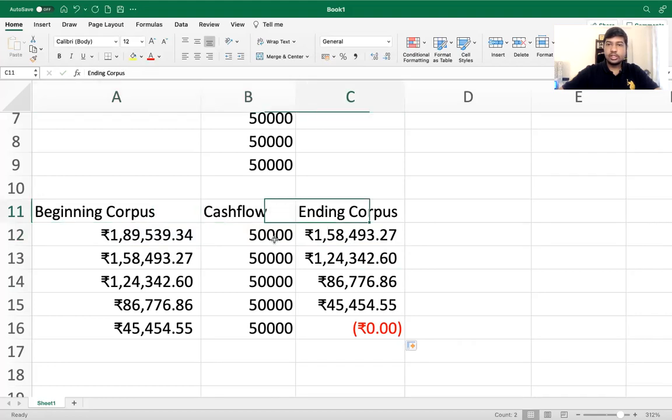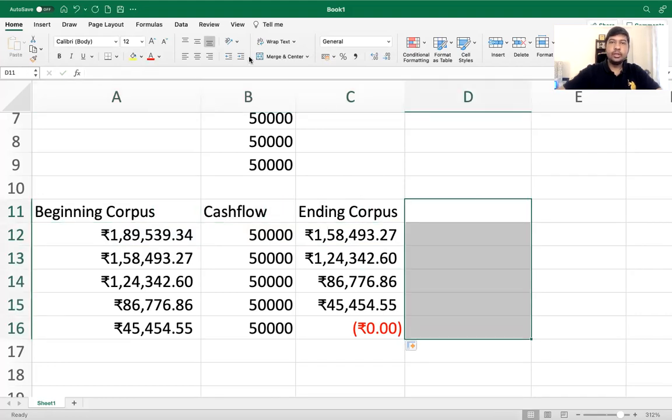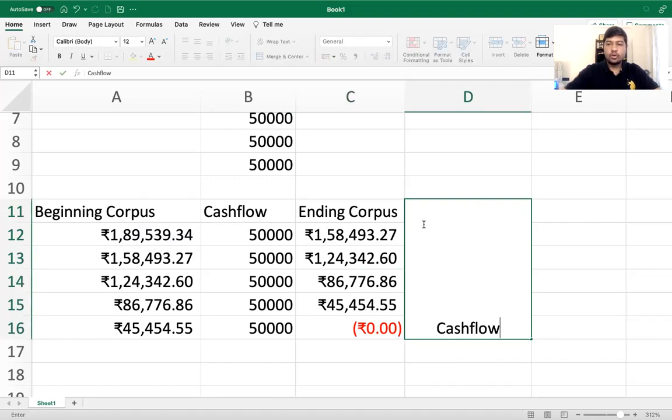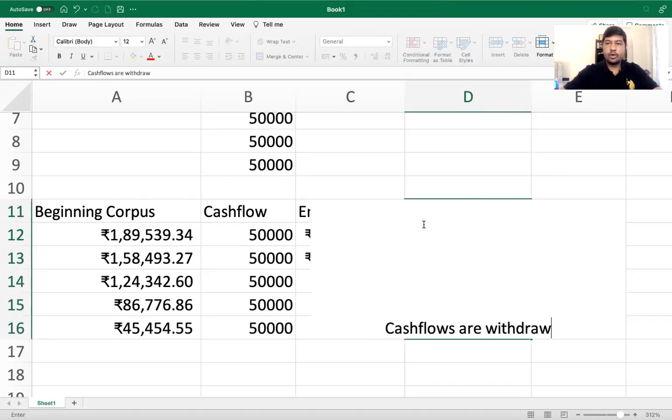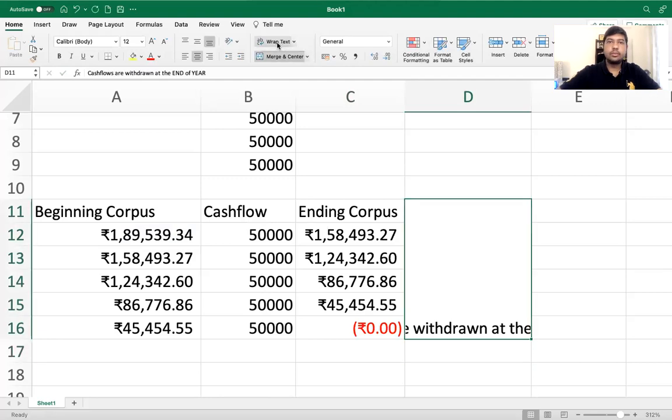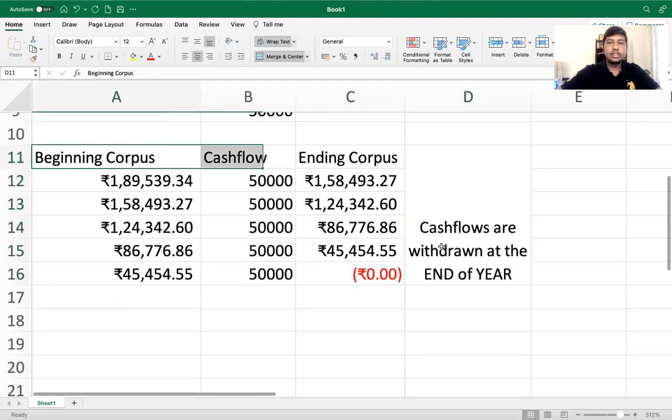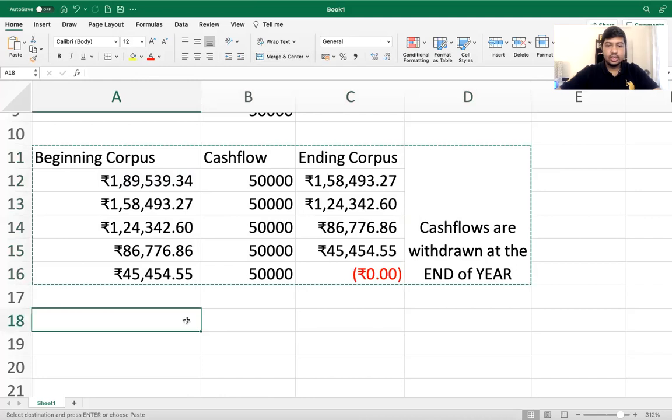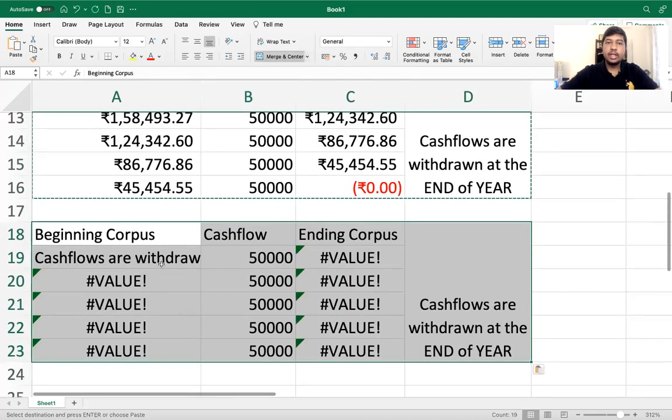Now, this is assuming cash flows are withdrawn at the end of year. Okay. Now let's see what happens if the cash flows are withdrawn at the beginning of the year.